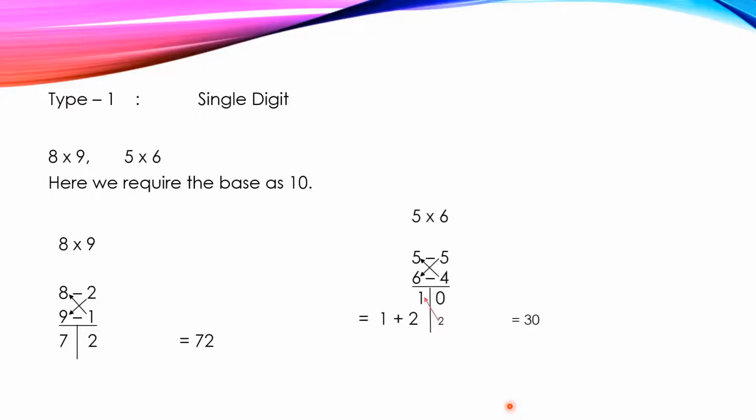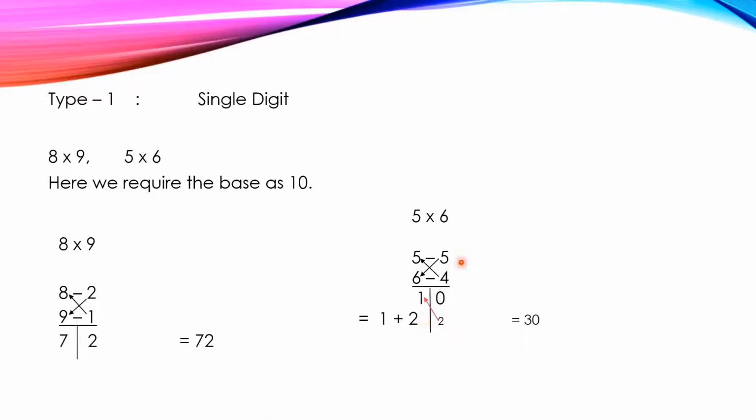Now we will solve the next question. Here we can see that 5 is 5 less than 10 and 6 is 4 less than 10. Now we will find the product of 5 and 4, which is 20. But here we can see that 10 has only one zero, which means we can write only one digit here. So we will write 0 here and 2 will be a carry.